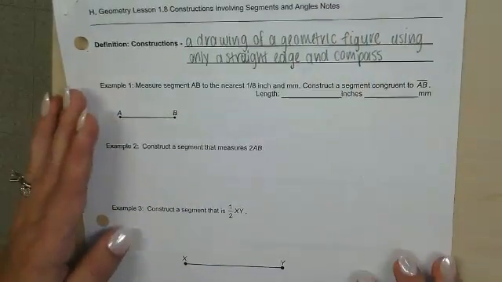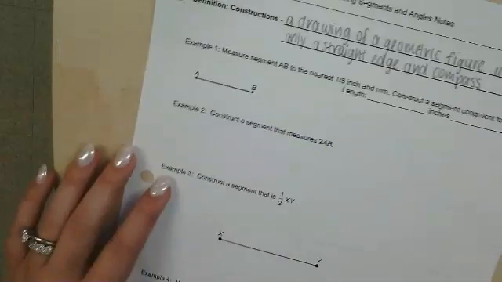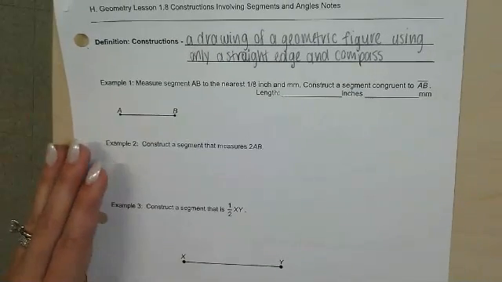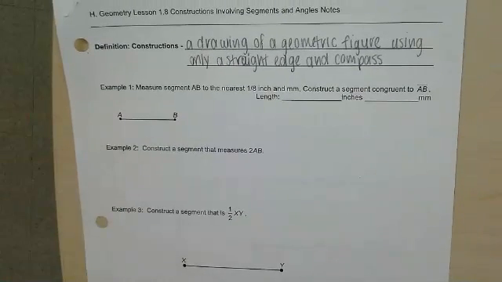Okay, so now we are going to measure this segment AB to the nearest eighth of an inch and to the nearest millimeter. So we'll measure it in inches first.